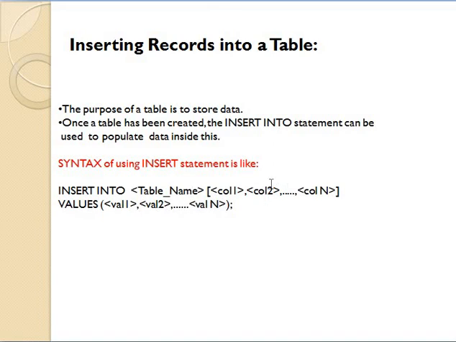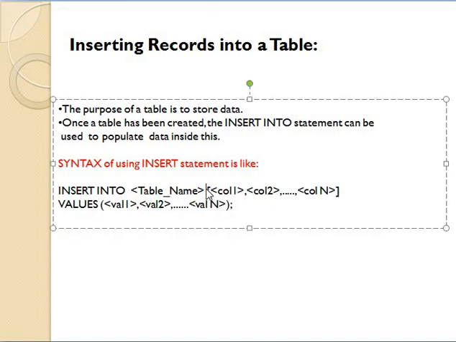Then the next part is that you have to supply the column names. Now see, this part which is represented inside the big bracket is an optional part. If you desire to show the column names, you can do that, or if you wish to omit that part, you can even omit it, as this is an optional part.